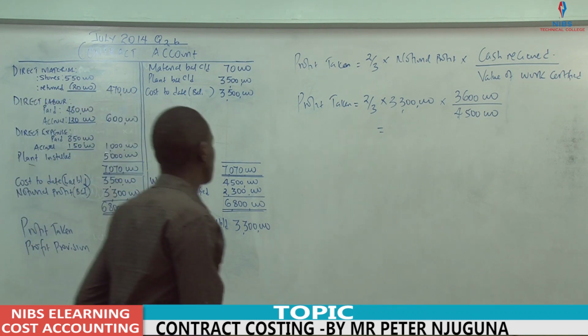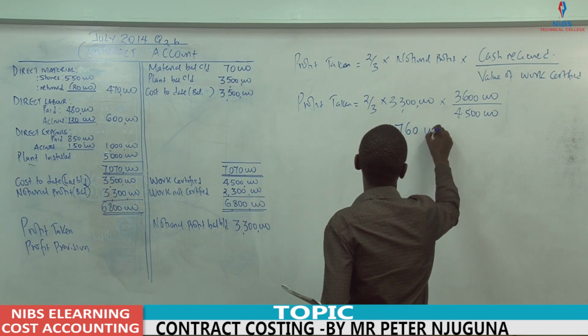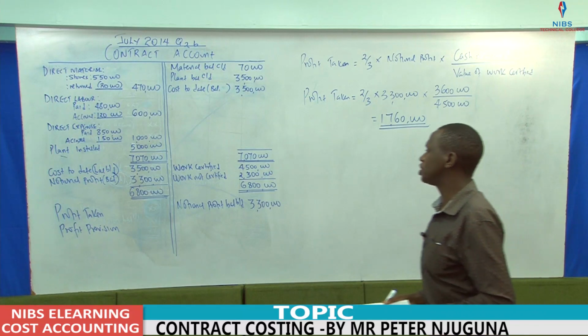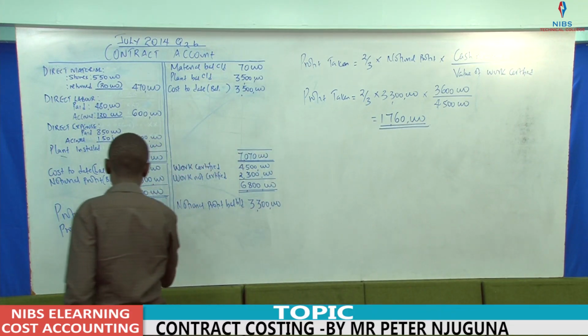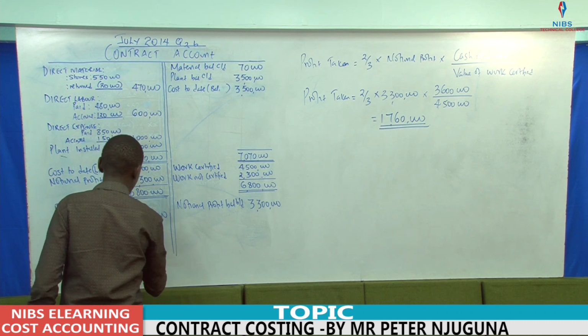I hope it gives you 1,760,000. So that 1,760,000, you put it here, and then you balance off.